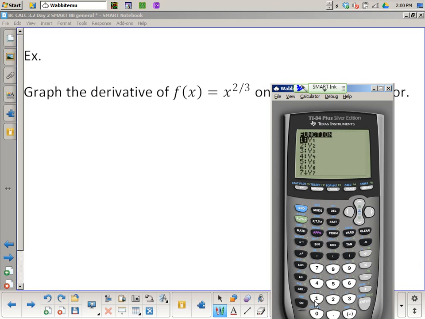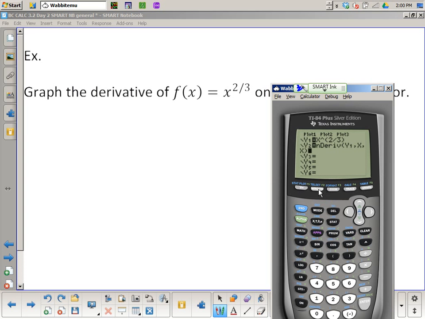Click Functions, and there it is, y1. This is the function you had typed on the previous line in the function editor. Then you do comma x, that means your independent variable is x, and then comma x, this means you want it to use all the values of x in the window you've selected.